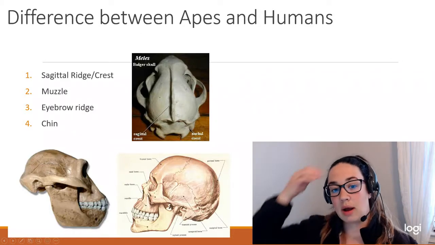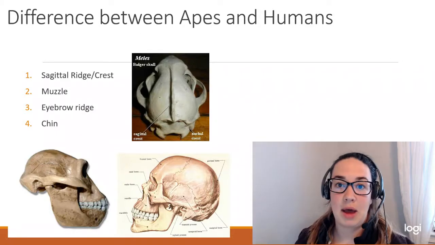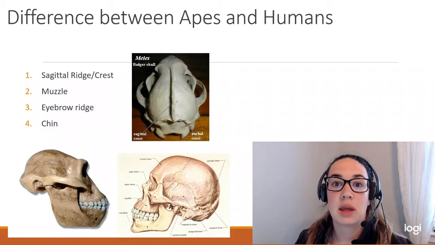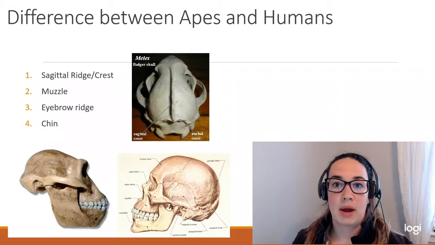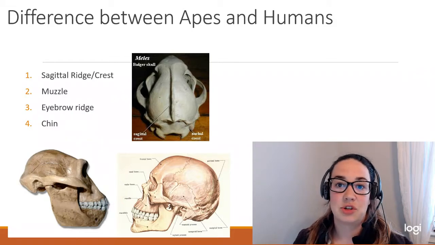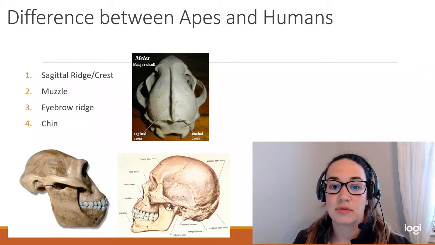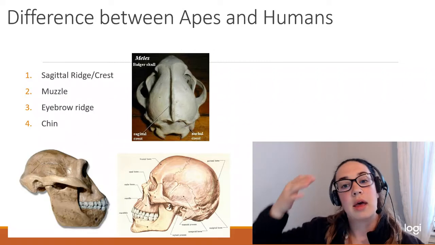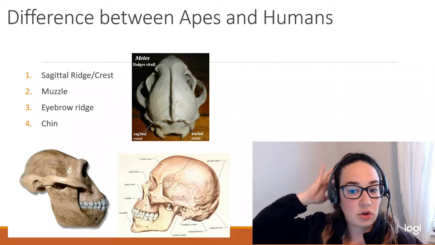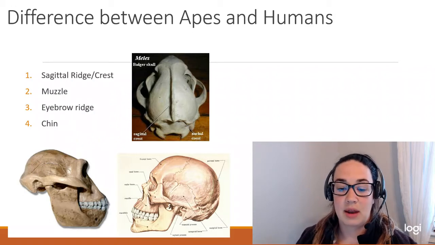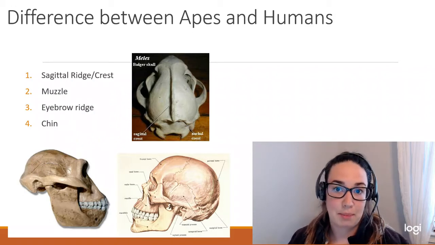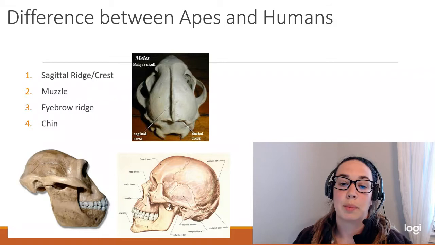Okay, so moving a little bit away from the mouth, but still mostly on the head region, we're talking more about differences between apes and humans here. One of the other differences is the sagittal ridge or crest that you can find in the skull, going along the back of the skull, where humans have a very round, smooth skull that were flatter, bony plates that were fused after you were born.